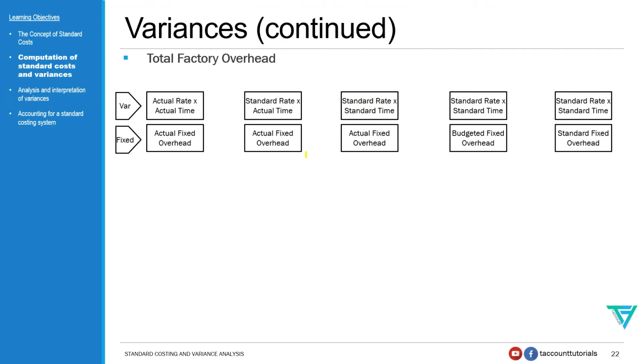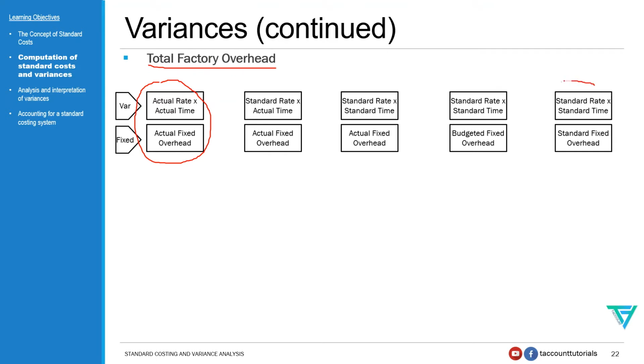So given the current plotting of our analysis or of our graphical diagram here, I would like also to point out that at this point we can already see that the leftmost portion here, if you add these two together, is actually the total factory overhead. Okay, this is the total actual factory overhead.